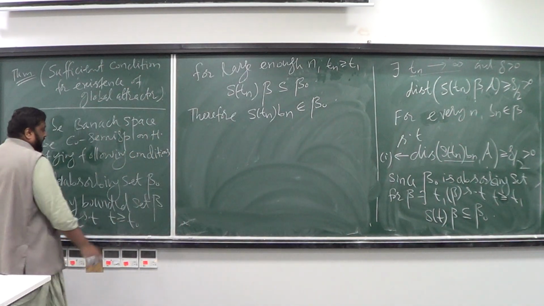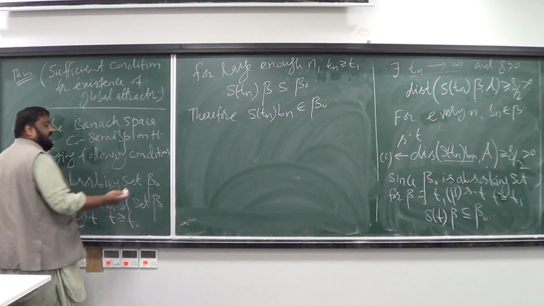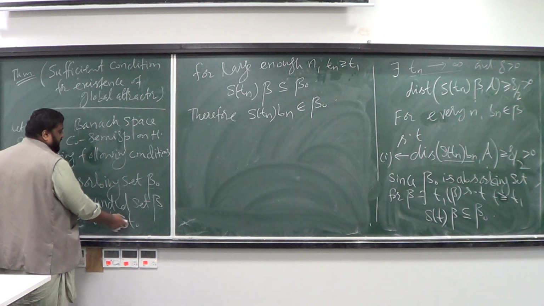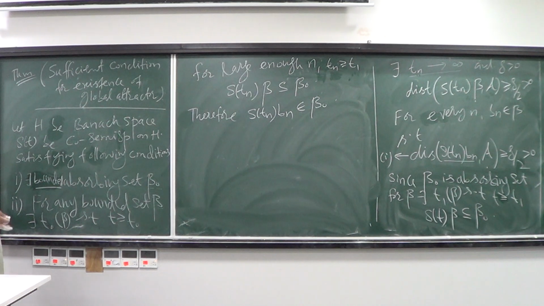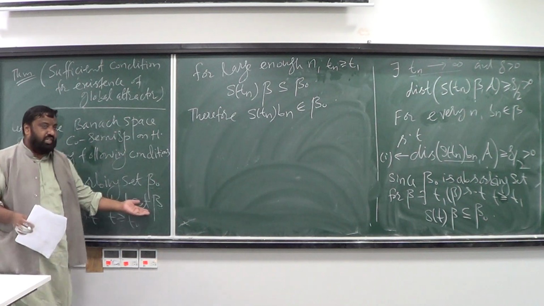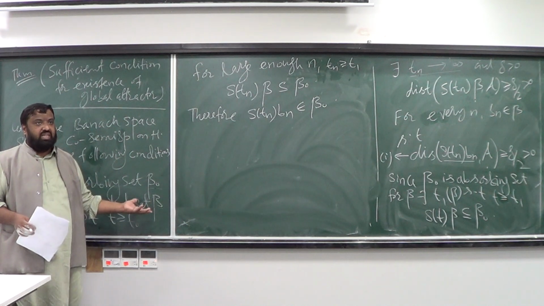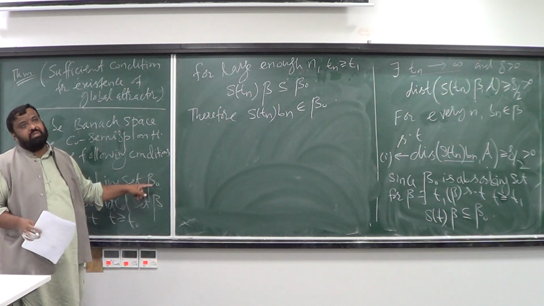Now what is the condition 2? The condition 2 is that for any bounded set B, we can also take that bounded set to be B naught. There is an instant, after this instant, the union of the orbits of B is relatively compact actually. So in other words, I can take this B to be in particular B naught.